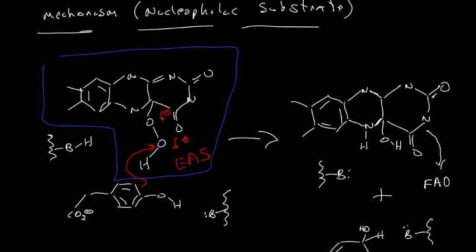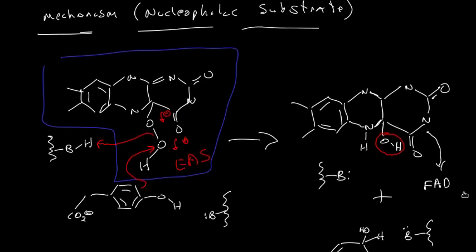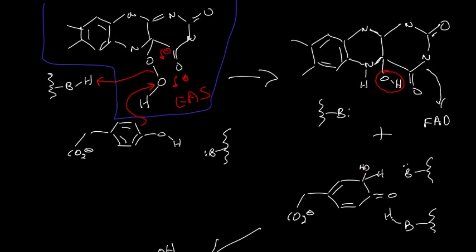When that happens, this bond here breaks, and these electrons attack that hydrogen right there to generate this hydroxy flavin intermediate. As a result of this electrophilic aromatic substitution, if you go back and look at some of the mechanisms of EAS, after this step there'd be a plus charge right here.